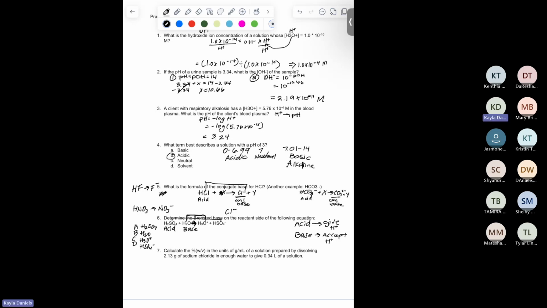All right. So the question asked to determine the base. If this was our answer choices, A, B, C, D, I would be choosing the one that was water, B.